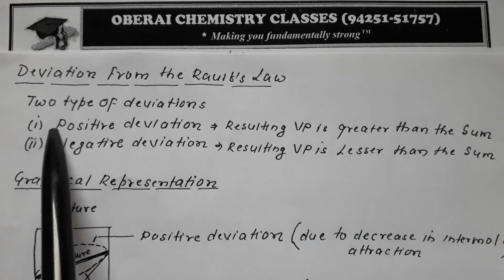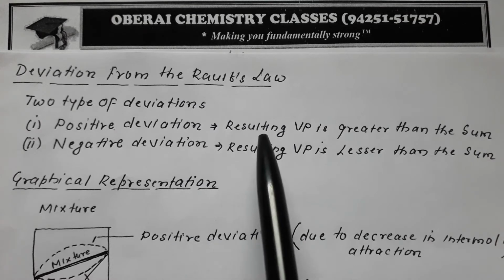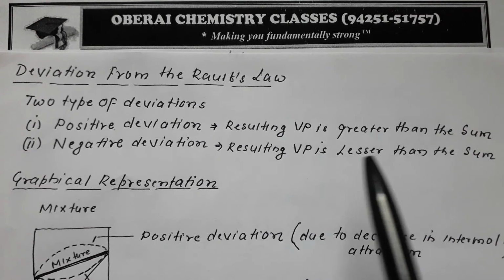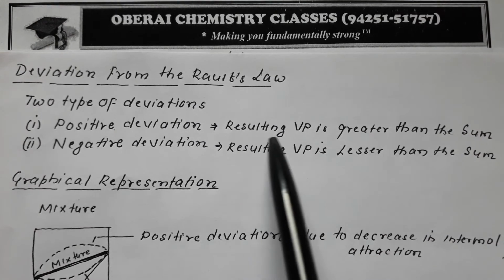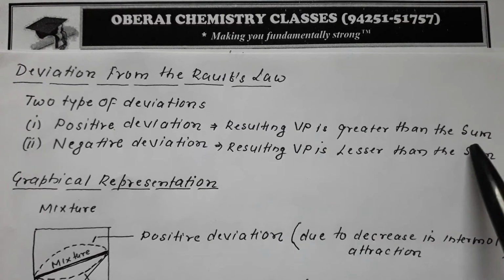Now what is meant by positive deviation? We say that if the resulting vapor pressure of the mixture is greater than the sum of the two vapor pressures, then it is termed positive deviation.